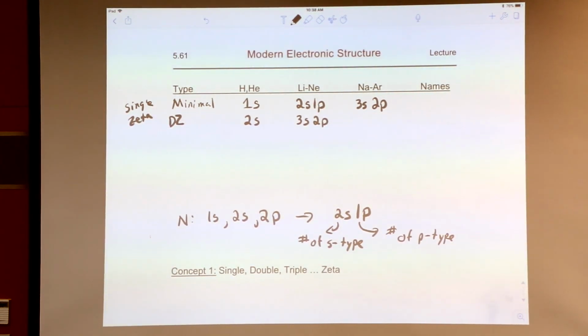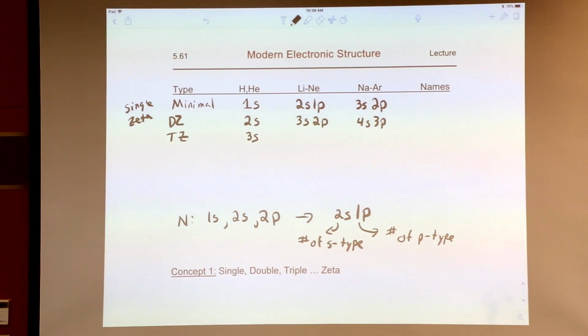And then for sodium through argon, we would have 4s, 3p. And then we could go on and talk about, what about a triple zeta? So triple zeta would be 3s for hydrogen, helium, and then we add an s and a p for the next row, so it's 4s, 3p, and then we add s and p for this, and we end with 5s, 4p.